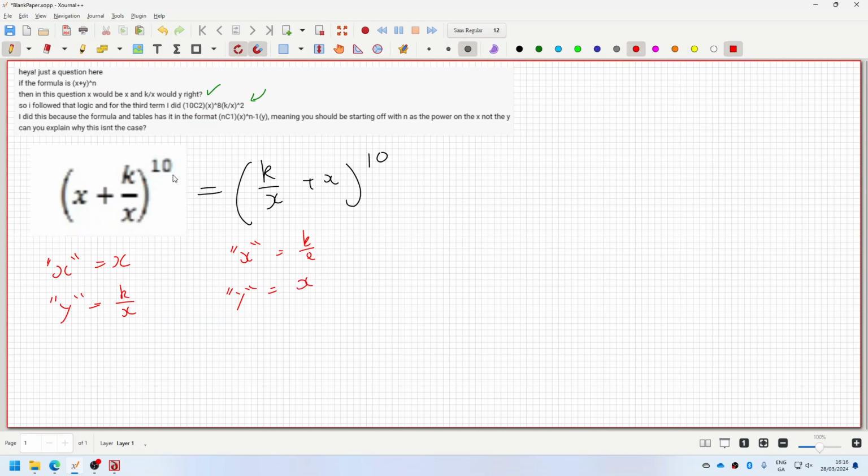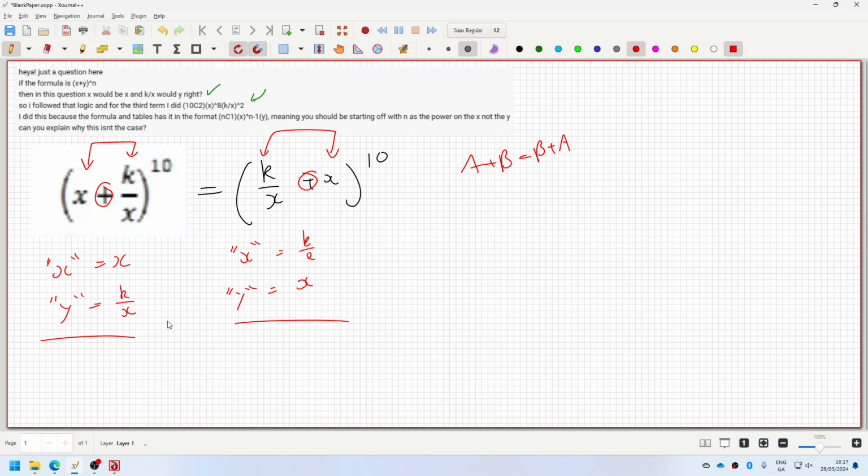So this is a legitimate move because mathematically there's no difference between a plus b and b plus a. So because of the plus here, you could swap these around, and that doesn't change anything. But then when you match it up with the formula, you have a difference in substitution in the formula.